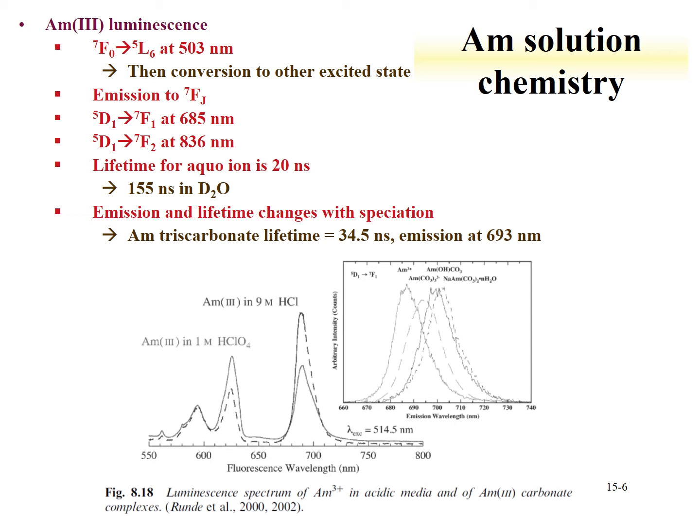This nanosecond lifetime is relatively short. With curium, we will show other fluorescence systems. Curium is more frequently measured for fluorescence than americium because the system has a longer lifetime and is more sensitive than the americium system.